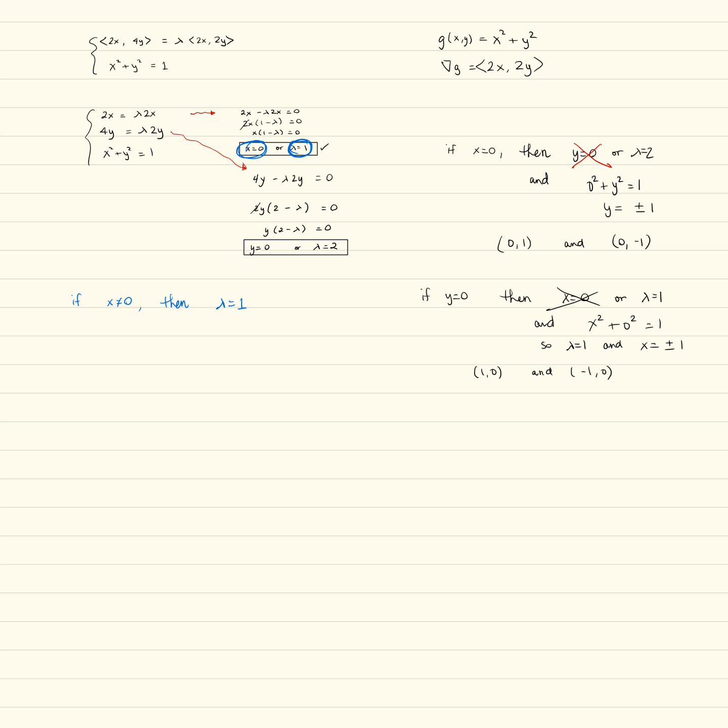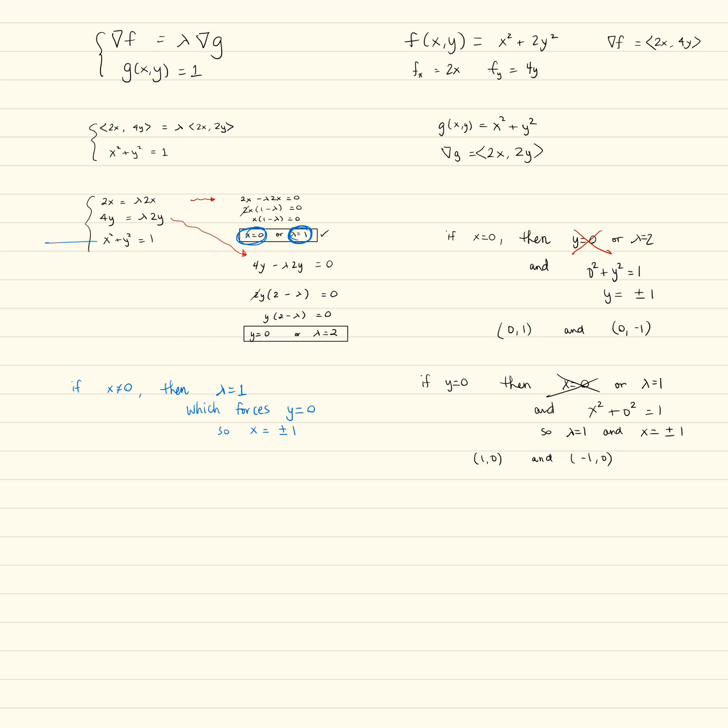And if lambda is equal to 1, that means lambda is not equal to 2, so y equals 0. And if y is equal to 0, that means x has to be equal to plus or minus 1, because remember, we have to satisfy this constraint.